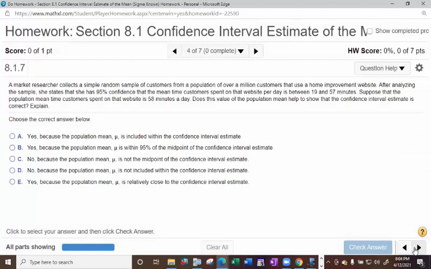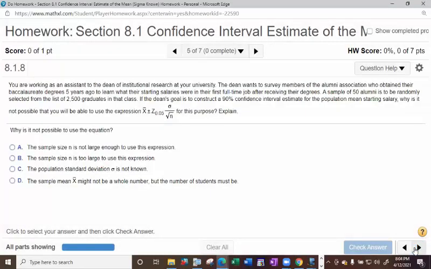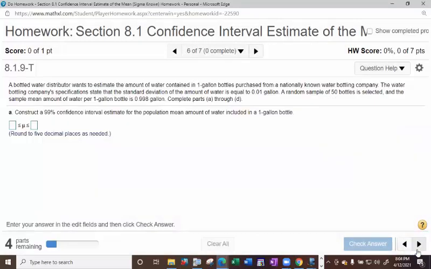Another one of those. I may come back to one of those. Do I have any calculations here? I'll go back and look at maybe one of those other ones.